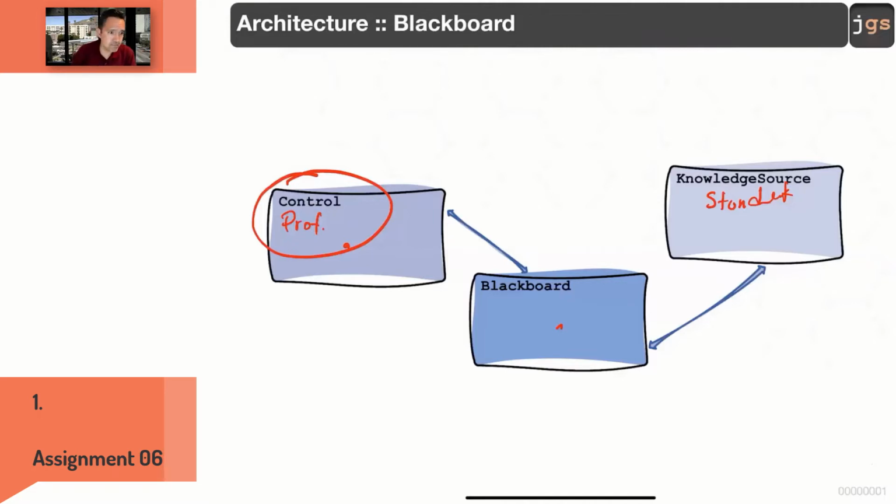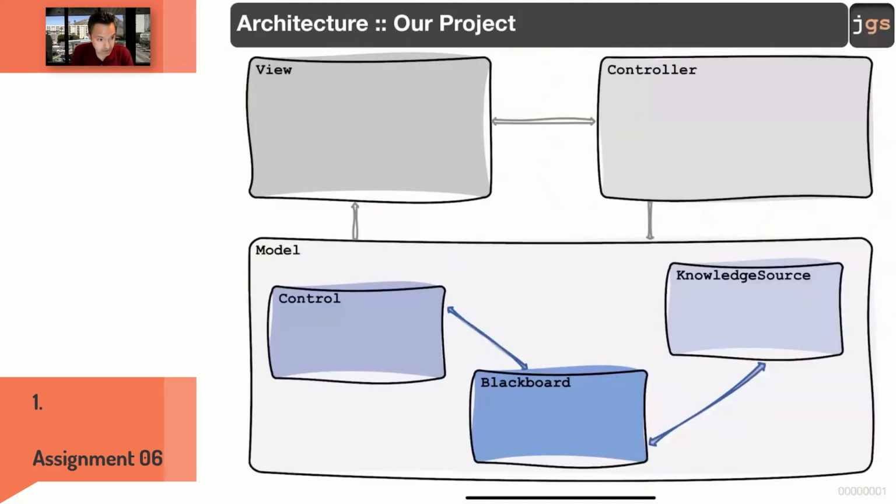So what is going to happen, and this is the first thing for your project, and hopefully you agree with me, the big picture of your project is going to be the model view controller pattern. Why? Your project is going to have a graphical user interface, that part of the view. You're going to use listeners, obviously, that is going to be part of the controller, and the model, that is the functionality.